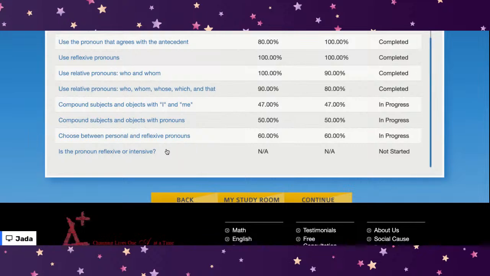Is the pronoun reflexive or intensive? So we have to figure out, is it intensive or reflexive?